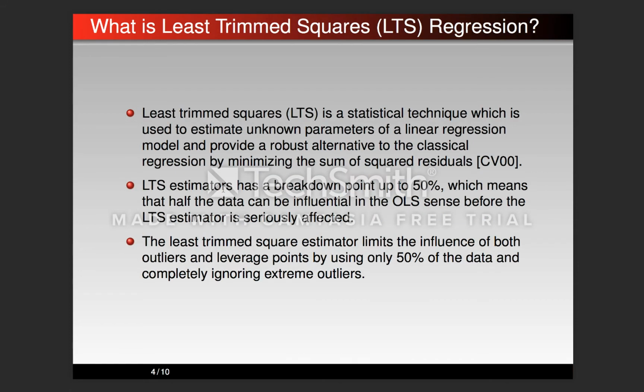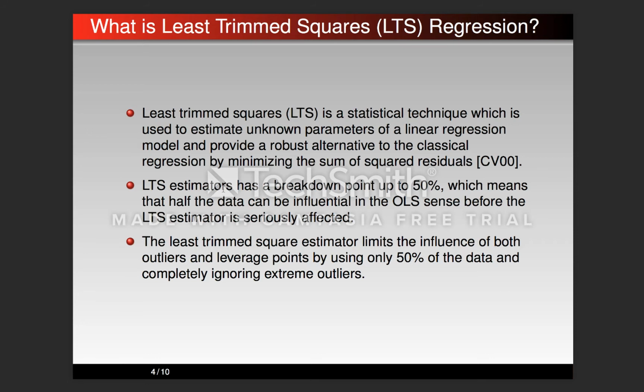Now, what is least squares regression? Least squares regression is a statistical technique which is used to estimate unknown parameters of a regression model and provides a robust alternative to the classical regression by minimizing the sum of squared residuals.